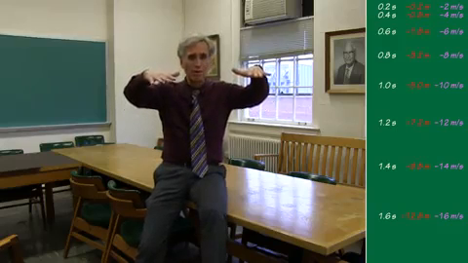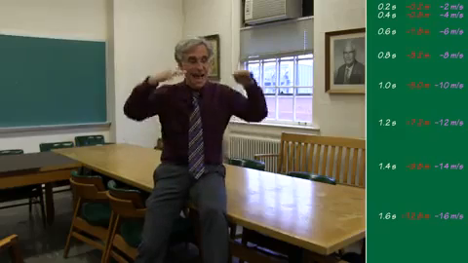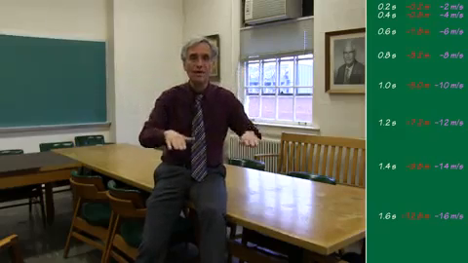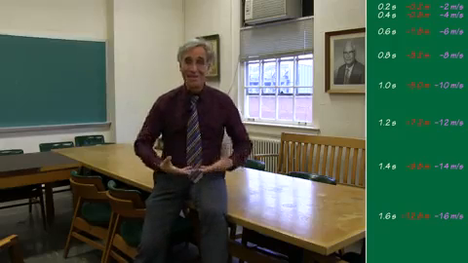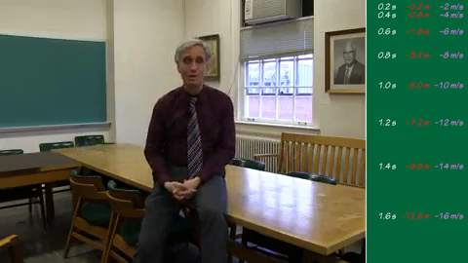Its vertical component of velocity is increasing in the downward direction by about 10 meters per second every second, and the ball is covering more and more distance with the passing time. So the vertical motion of a falling ball is that of falling, regardless of what its horizontal motion is.